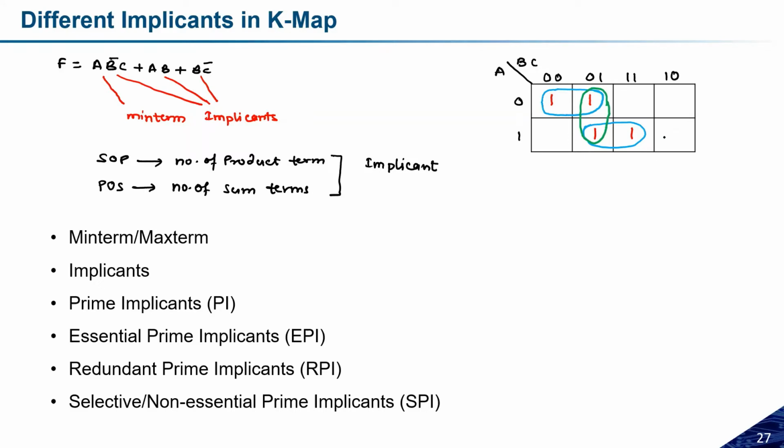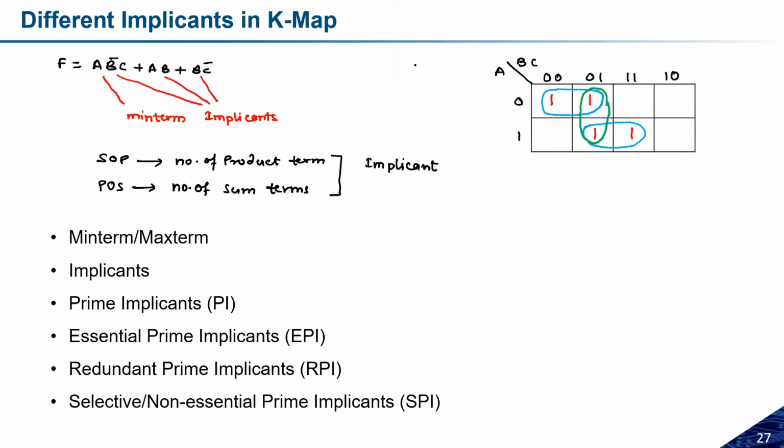The next kind of implicant is the selective or non-essential prime implicant. I just told you the selective prime implicants are those implicants which are neither essential nor redundant. These kinds of prime implicants are also called non-essential prime implicants. In this example, there is no selective or non-essential prime implicant, but I need to consider one more example to explain that one.